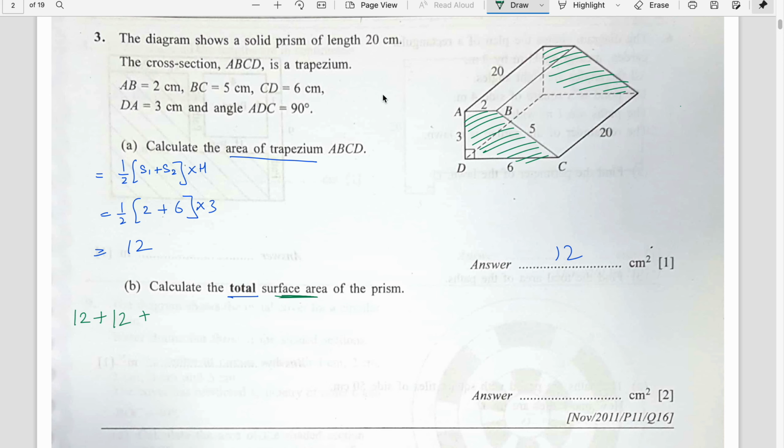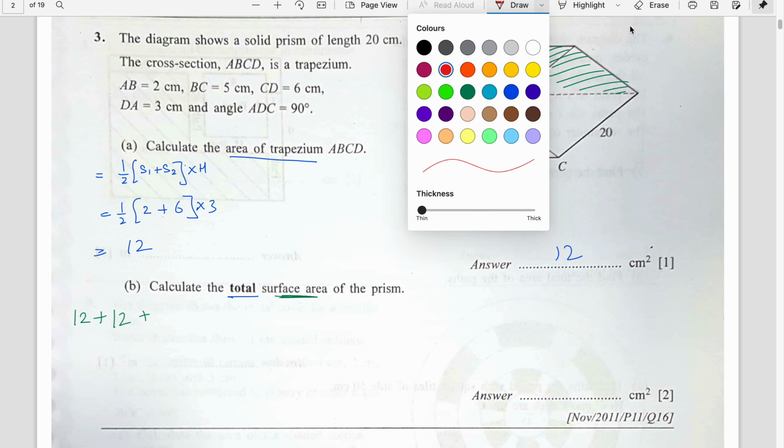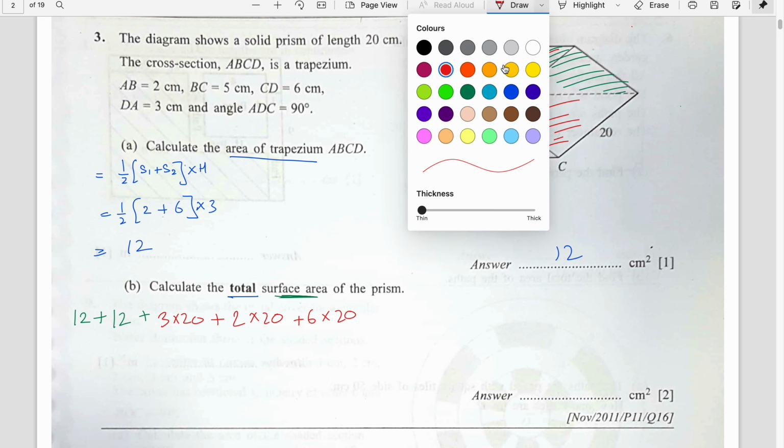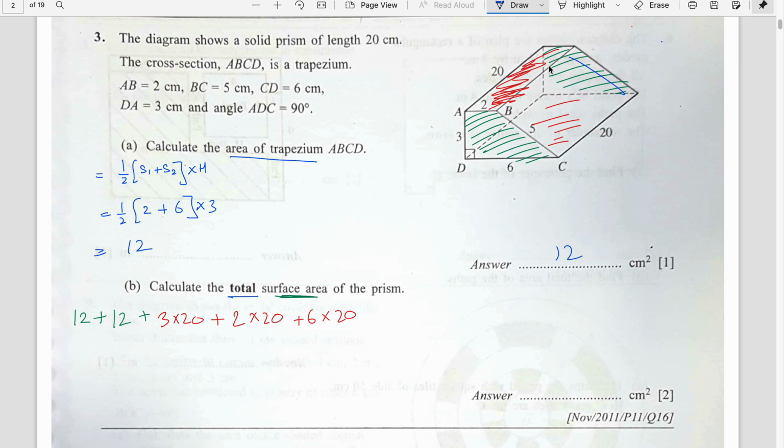First one on the left is 3 into 20. Second at the top is 2 into 20. Third one at the bottom is 6 into 20. And the last one, which is on the right side, is 5 into 20.